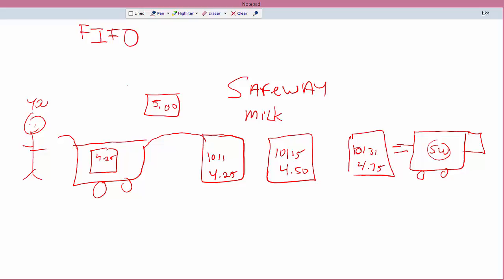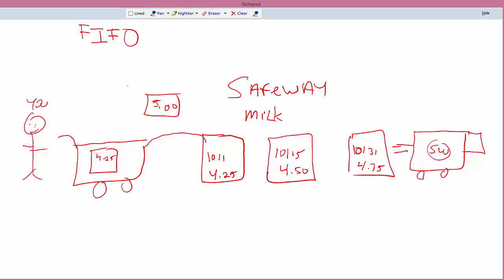They paid $4.25 from the farmer, from Berkeley Farms or whatever, and you're paying $5 because they want to make a profit on it. So that's first in, first out. We assume that the first things they sell you are the things that were first in for them a long time ago. That's the first in, first out inventory method.